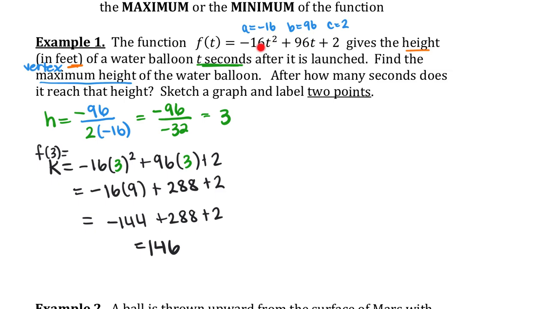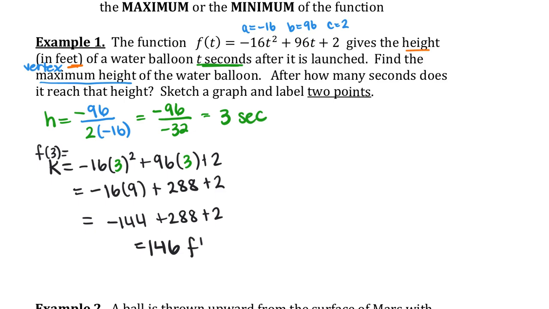The x-coordinate is like the t-coordinate, so when I found this, I actually found the t value. T is the seconds, so this is actually 3 seconds. And when I plugged 3 seconds into this function, I got the height. So the height is 146. If they give me units for the height, I'm going to write the units. It says the function gives the height in feet, so this represents 146 feet.